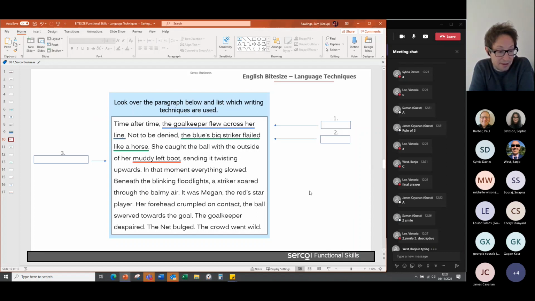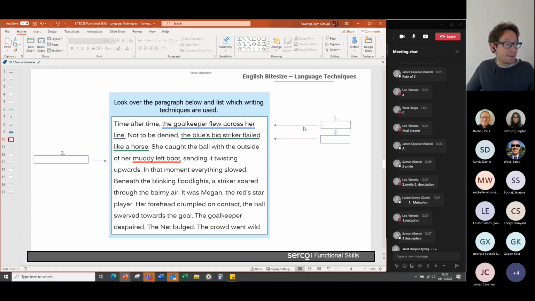So Victoria does seem to agree with you, Suman. So that's a good sign. I see some other people are typing, so we'll just give them a couple of seconds. So Louise has been brave enough to go for number 1, and you've gone for a metaphor. Excellent. Tori agrees with number 1. Good. It's nice to see a bit of agreement going on there.